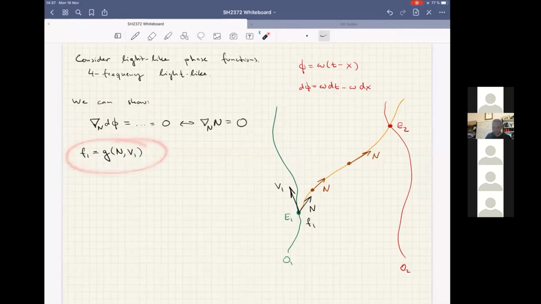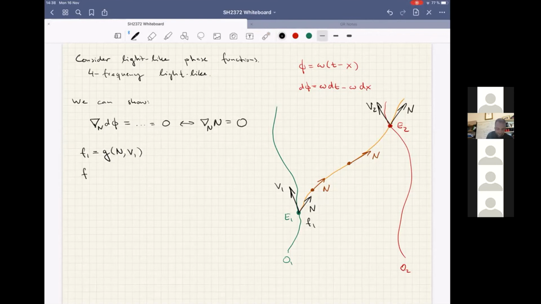So this is the frequency observed by observer 1, but once we get to this event 2, we're going to have an n which was parallel transported from event 1 to event 2, but we're also going to have the four-velocity of observer 2.